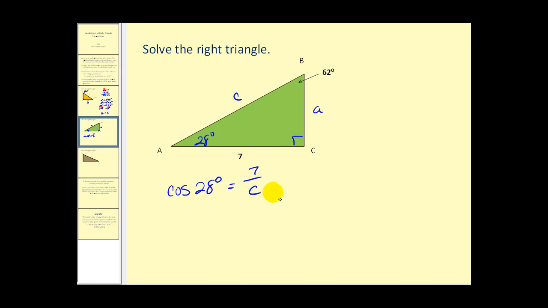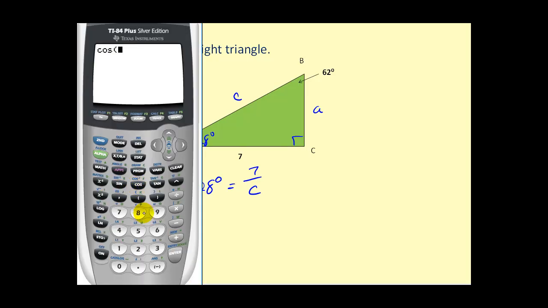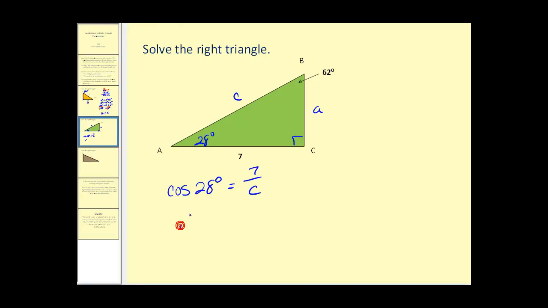So now we can use the calculator to find the value of cosine 28 degrees. Make sure your calculator is in degree mode. And we'll use 4 decimal places, so 0.8829 is equal to 7 divided by c.